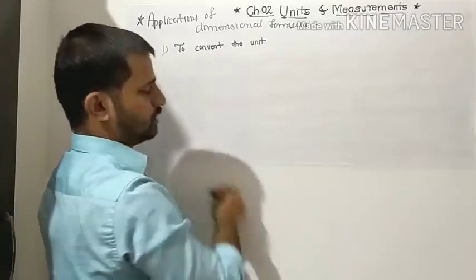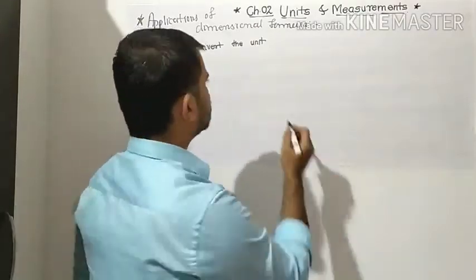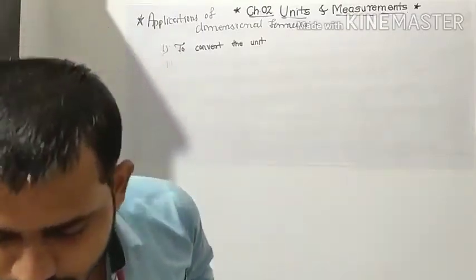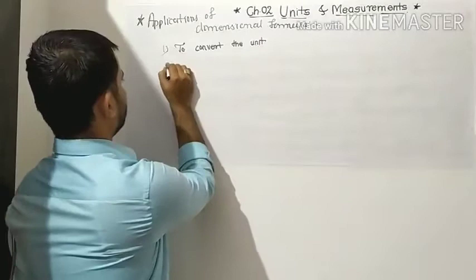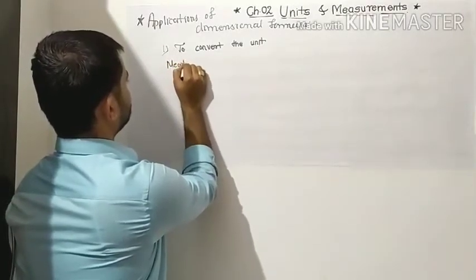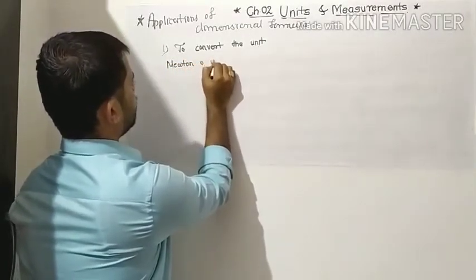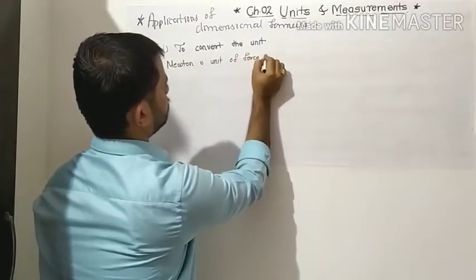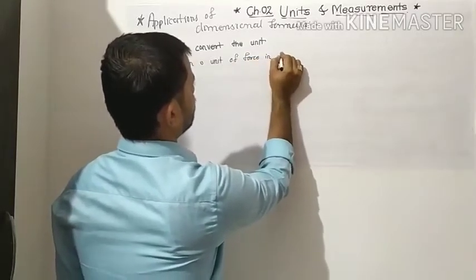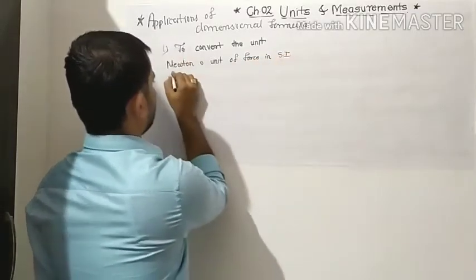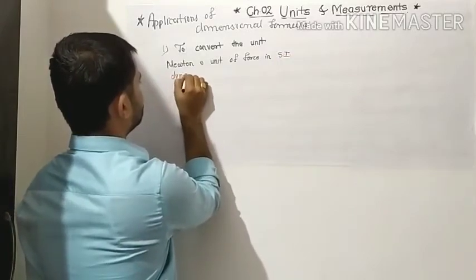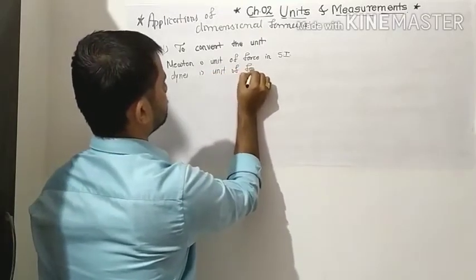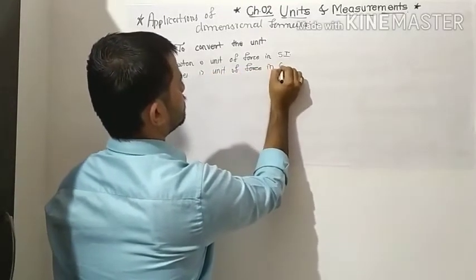As we know, Newton is the unit of force in SI, and dyne is the unit of force in CGS.